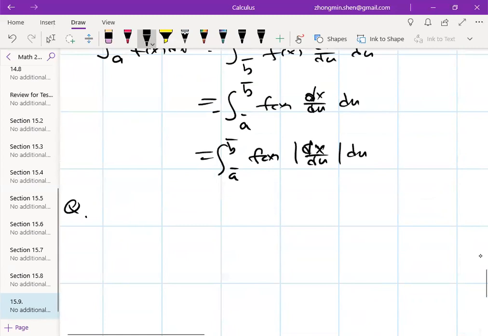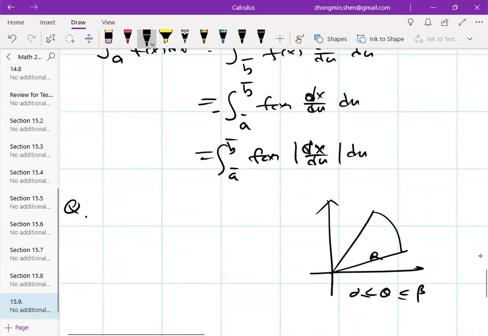If we have a map, this is a region. Let's use this just for example. Here the radius is going to be capital R, and the angle theta is between alpha and beta. That region is described here in the XY plane. So that is my D.